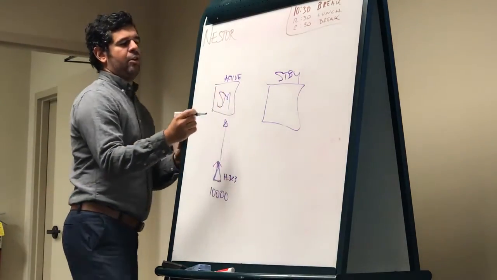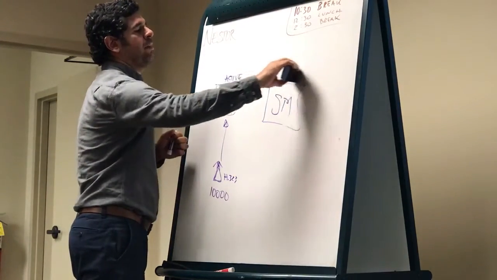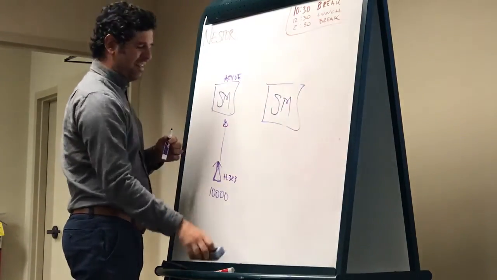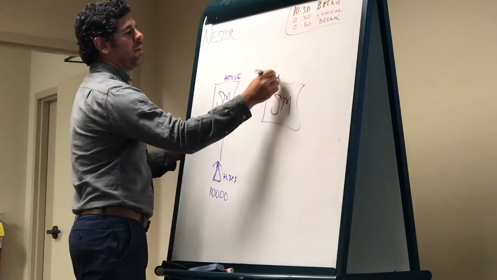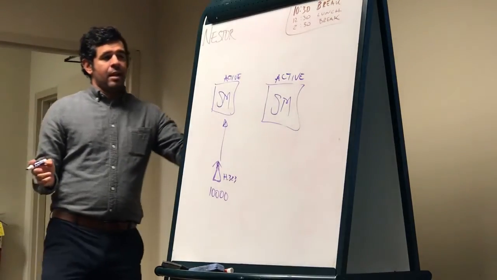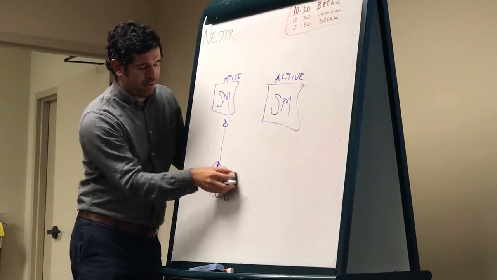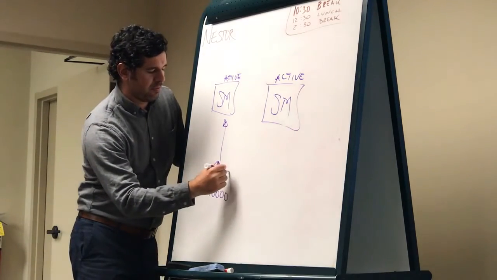you have a Session Manager here and another Session Manager here, you have the two of them active. Which means that you could still do the same thing you're doing here. Actually, this would be not H323 phones, but SIP phones.